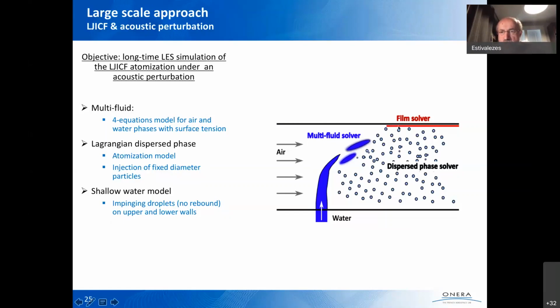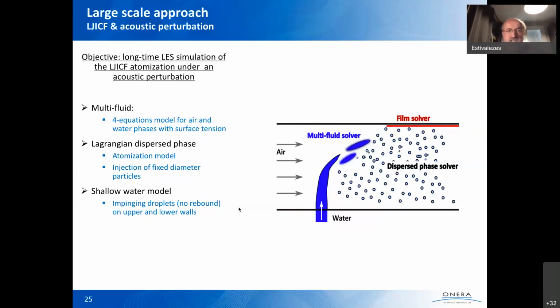And we also coupled this because in experiment we have the wall at the same size. As the jet can penetrate quite high in the bench, you can have formation of a film. So we have also a film solver. So we couple all these three models for the configuration.